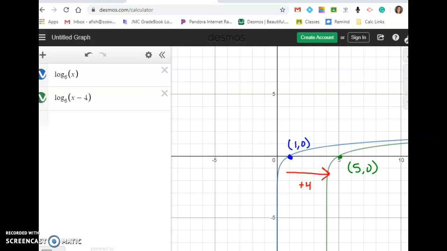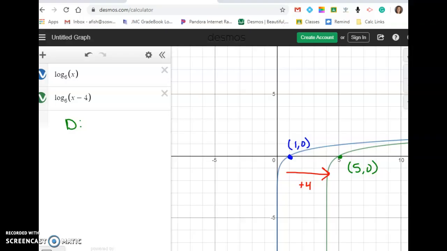And that's pretty basic to look at and figure out why that is. If you notice here, the difference is just that transition of 4. Our domain did change a little bit because of that 4. I would write this in your notes as well. If you're drawing a sketch of this, I would just draw a rough sketch in your notebook.